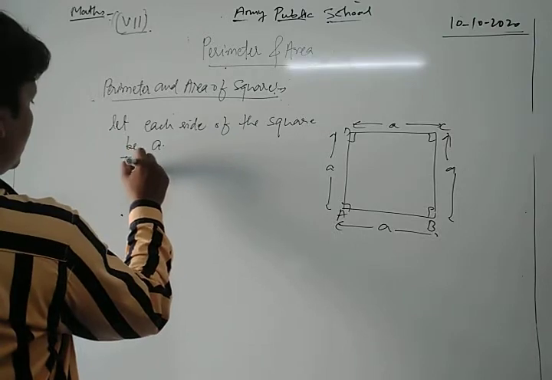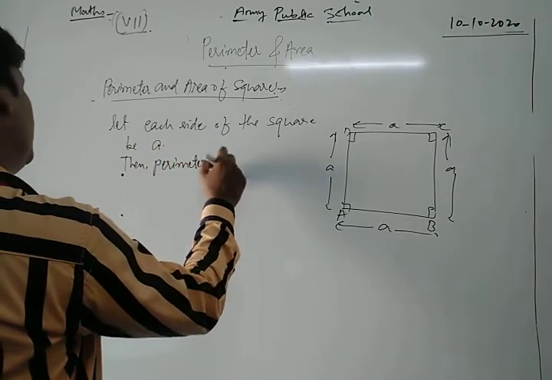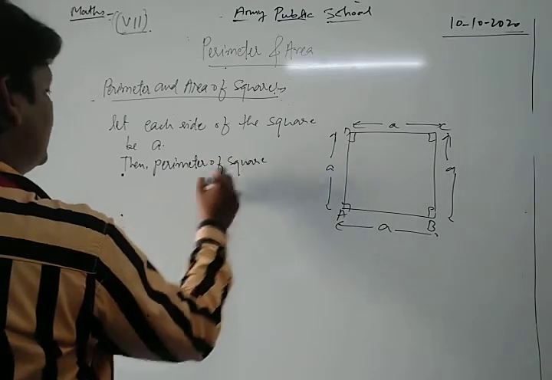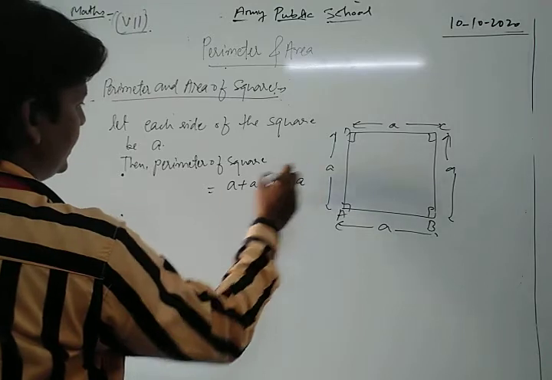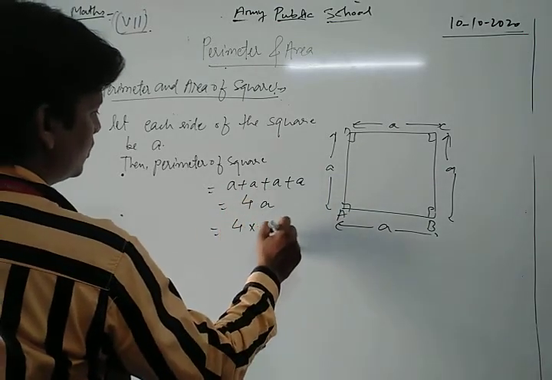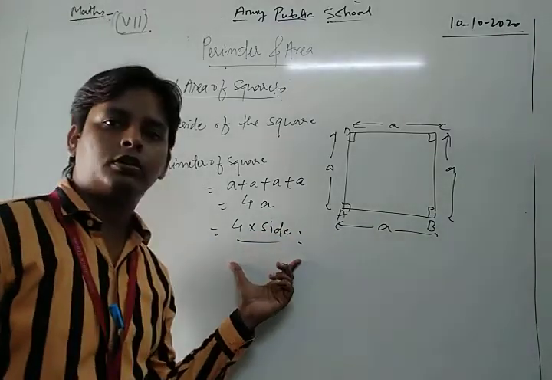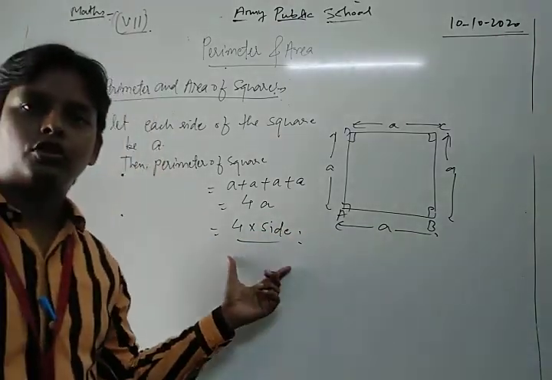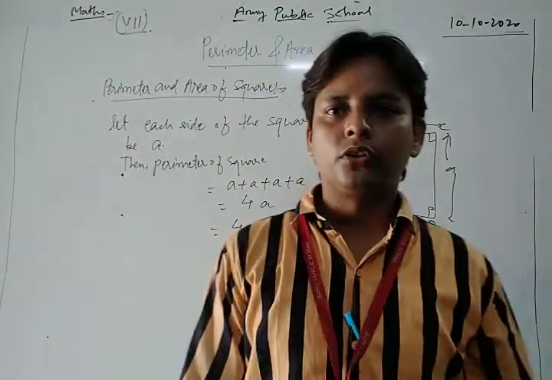The perimeter of a square is the sum of its all sides, means A plus A plus A plus A, that is 4 into A, that is 4 into side. Dear friends, this is the formula for the perimeter of square.